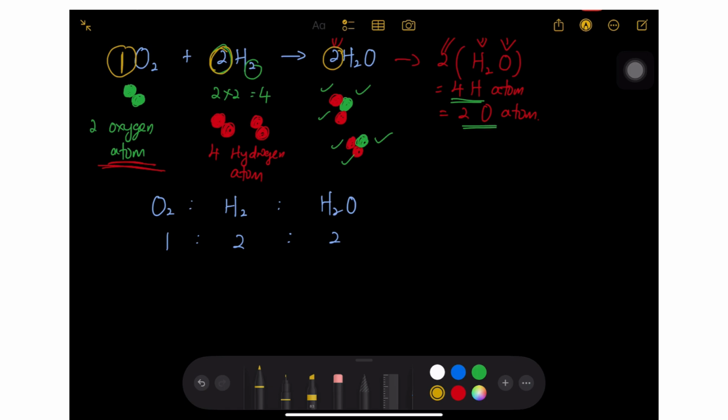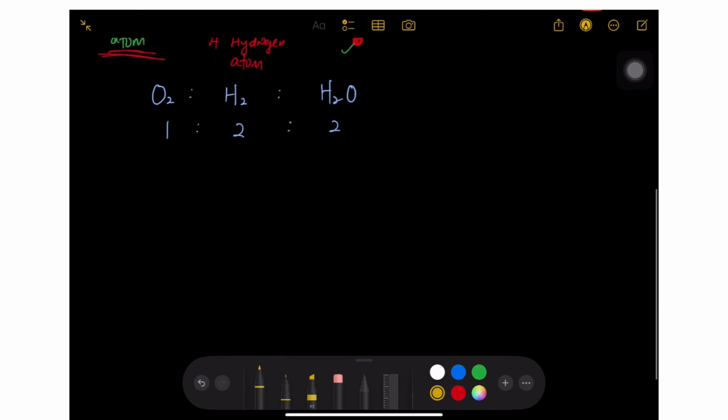So now, let's move to another meaning of this equation. Okay, I will rewrite this. So it will be 1 oxygen plus 2 H2 become 2 H2O.